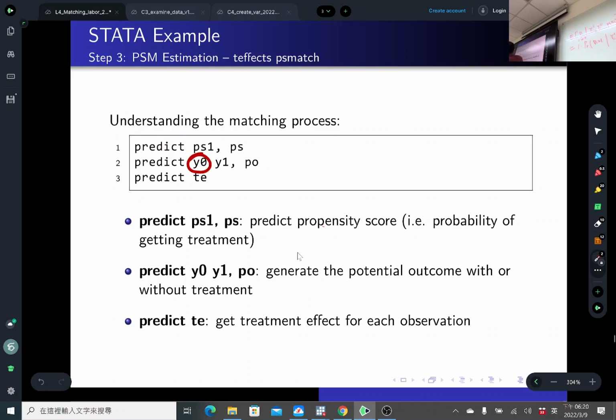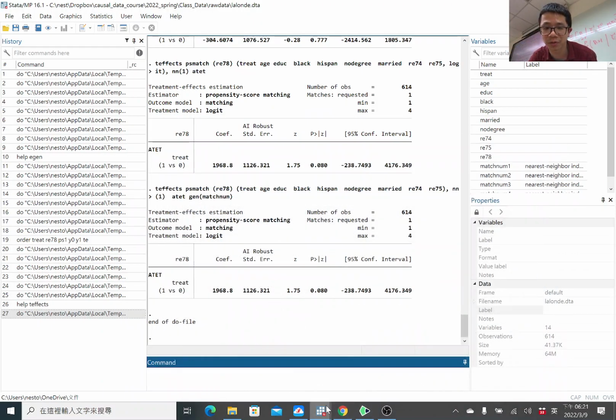But y0 is the observed outcome from the matched sample. Then you can get the TE. TE is the treatment effect, that is the difference between y1 and y0. So I just let you know.